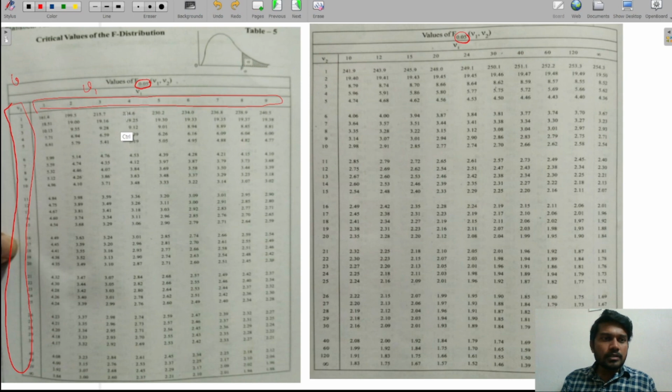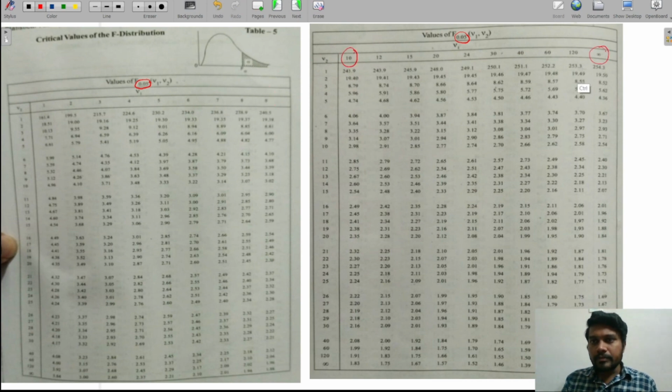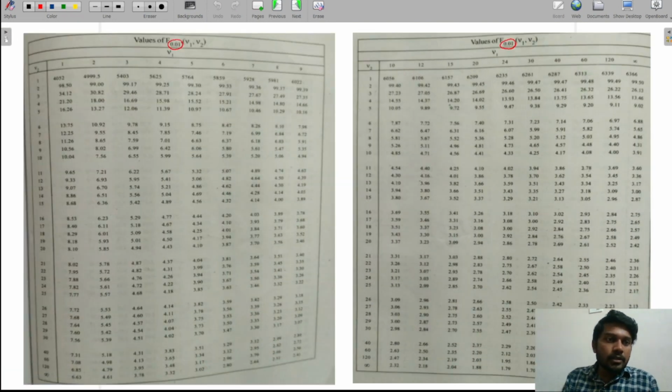So what is the observation in this first table? Nu1 values are only till 9, and from here 10 to infinity. So that is the difference between the first table and second table in terms of 0.05. So coming to the third table and fourth table, here nu1 values are 1 2 3 4 5 6 7 8 9, and coming to here 10 to again infinity, right?